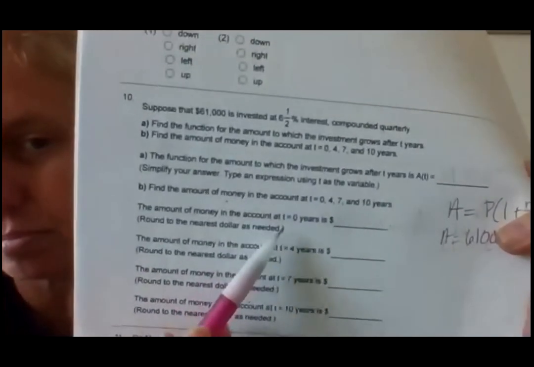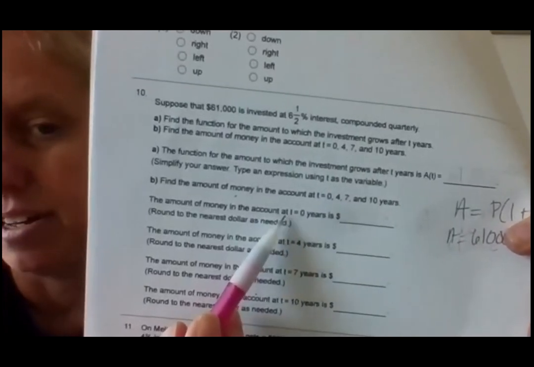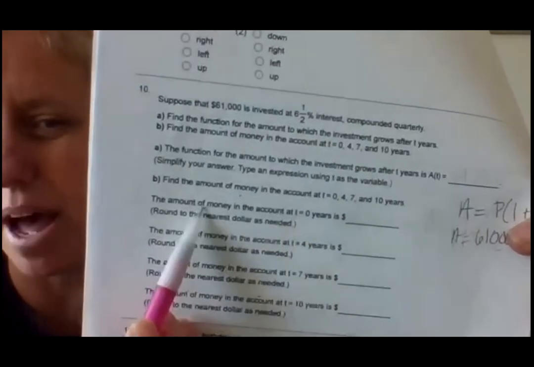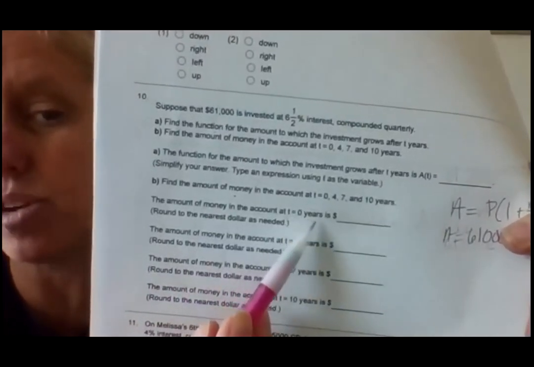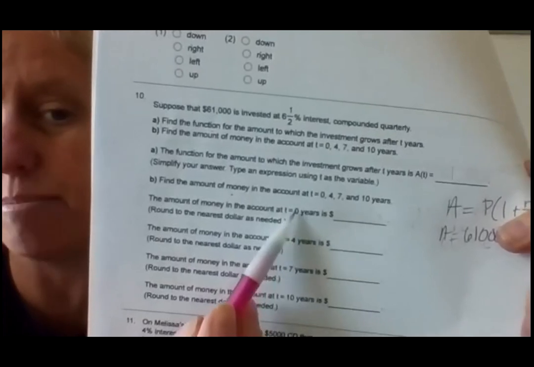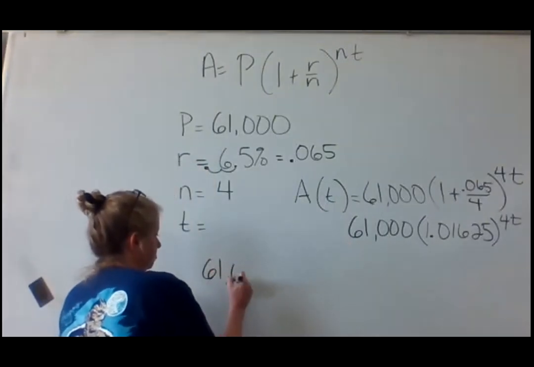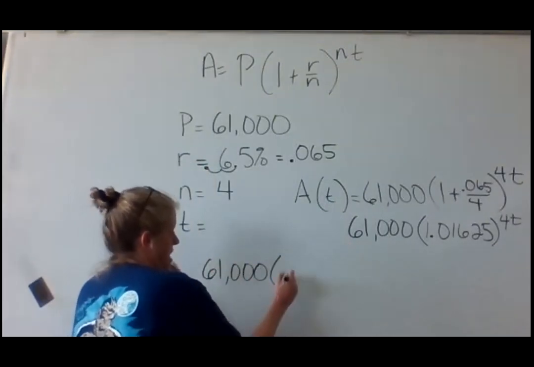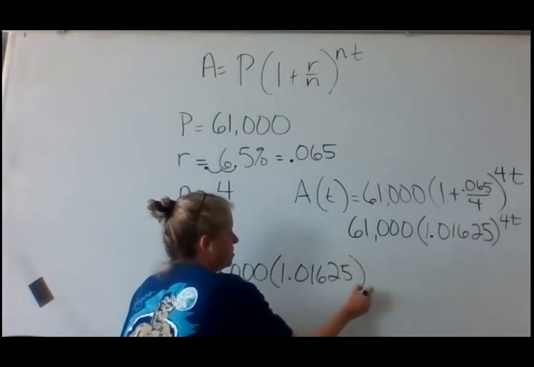That's going to be the formula that I'm going to use to answer all of these. Every part of this question from here on out is just wanting you to change the t. So the amount of money in the account at t equals 0 years, right? T is the time. So if you change your t to a 0, this is what it's going to look like: 61,000 times 1.01625.